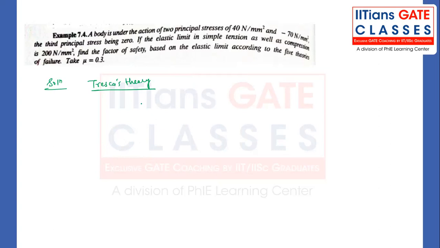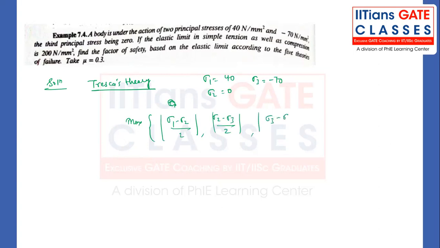According to the maximum shear stress theory, what is tau max? Maximum of, sigma 1 is 40, sigma 2 is 0, sigma 3 is minus 70. So maximum of sigma 1 minus sigma 2 by 2, sigma 2 minus sigma 3 by 2, sigma 3 minus sigma 1 by 2 should be less than or equal to yield strength divided by 2 into factor of safety.